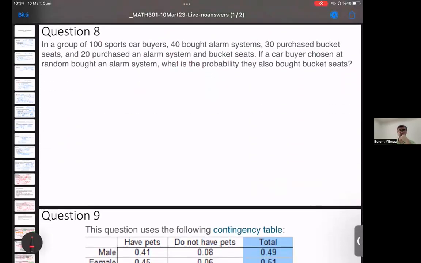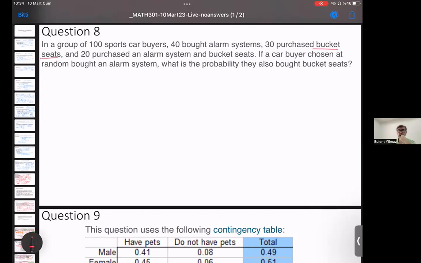In a group of 100 sports car buyers, 40 bought alarm systems, 30 purchased bucket seats. Bucket seat means like a luxury seat, okay, for sports cars. You can check it online. And 20 purchased an alarm system and bucket seats.